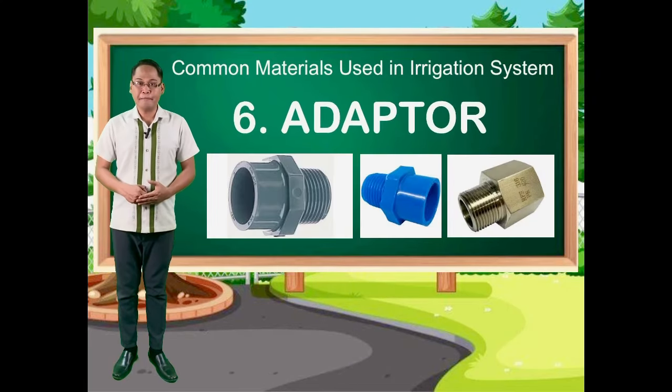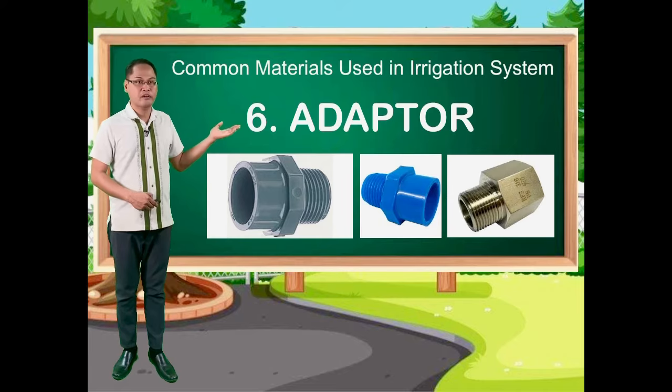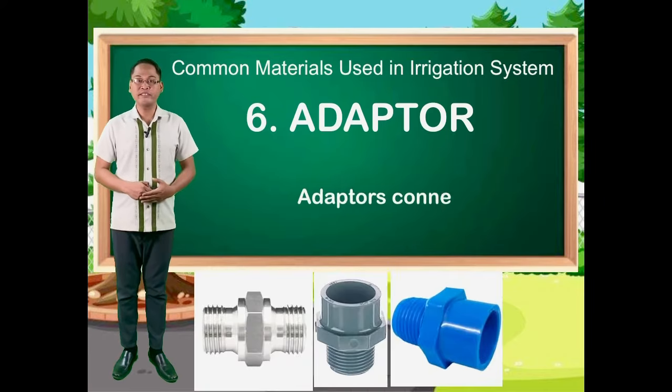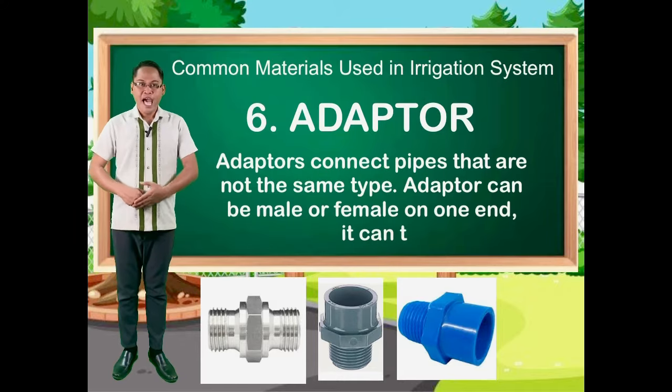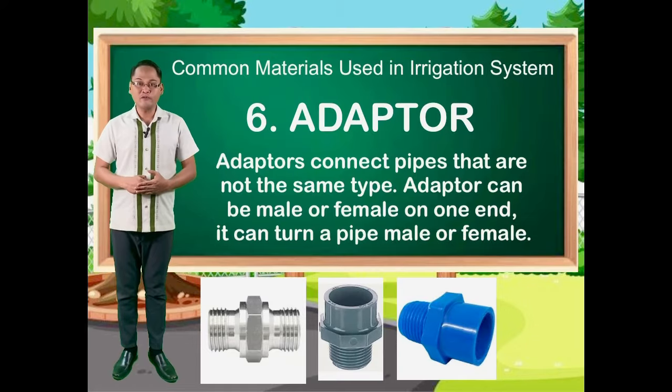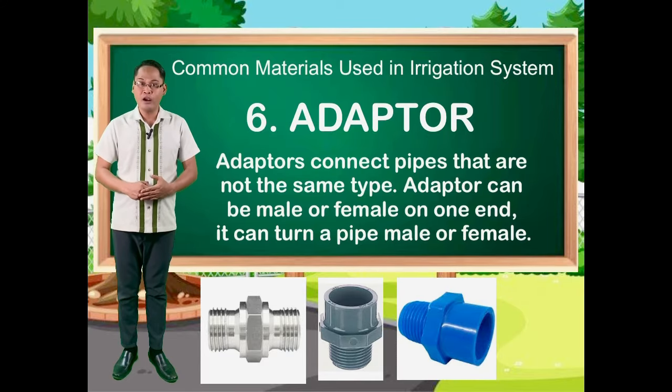The sixth example of fittings is adapter. Adapters connect pipes that are not the same type. Adapter can be male or female on one end. It can turn a pipe male or female.